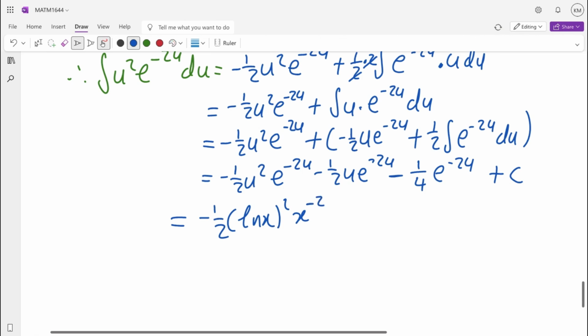Okay, yes, it's going to be x to the power minus 2. Then minus 1 over 2, then u, which is ln x, times x to the minus 2. Then minus 1 over 4 x to the power minus 2, then plus c.